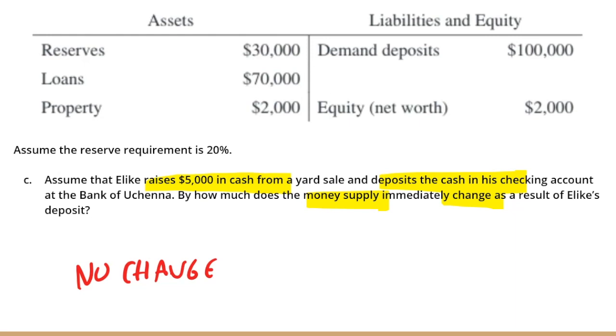And so if we go from cash to a checking account, that's going from M1 to M1 money. The classification of money there doesn't change. Remember, M1 money is liquid money, or stuff that can be easily spent right here and now. So you can easily spend cash, and you can easily spend money in your checking account through a debit card. And so because we go from M1 to M1, there is no change in the money supply there.